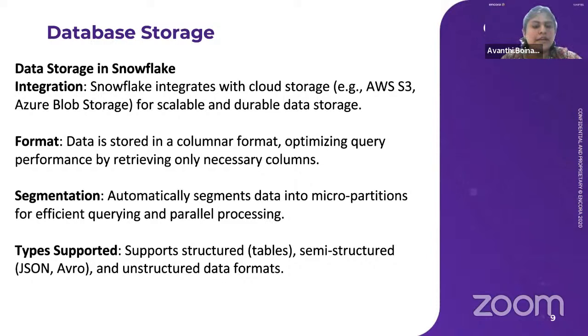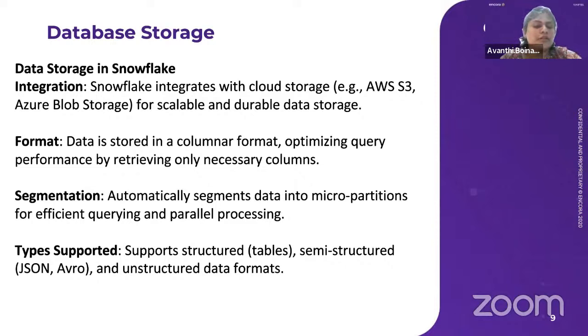Data is stored in a columnar format, optimizing query performance by retrieving only necessary columns. As per the client, if the client specifies the columns to be transformed, we need to retrieve only the necessary columns from the cloud storage, and it should be formatted before transforming the data or loading the raw data.